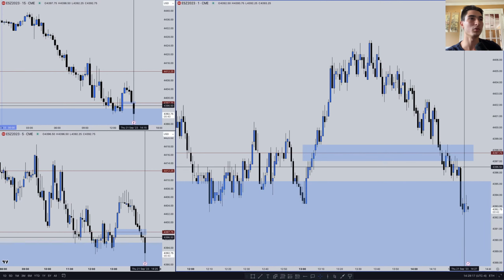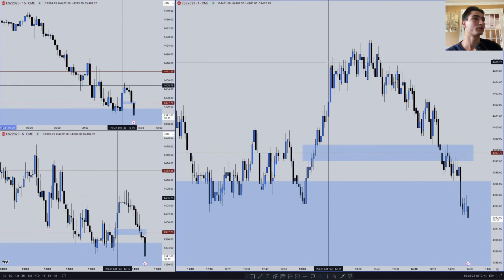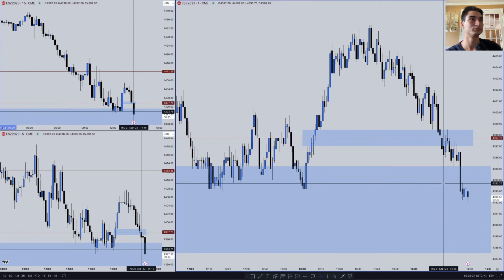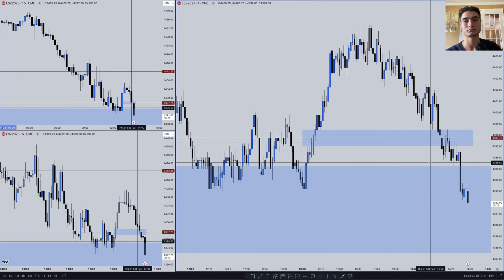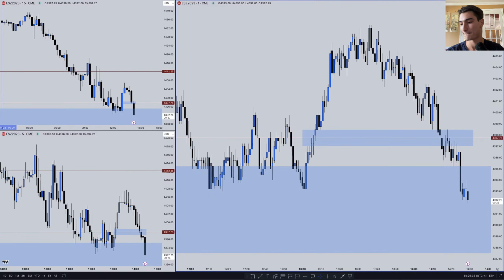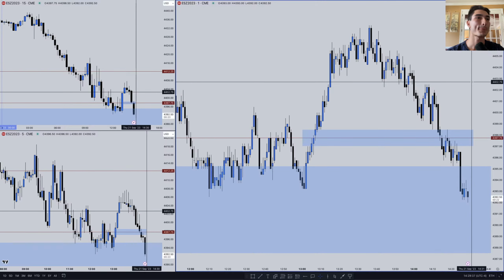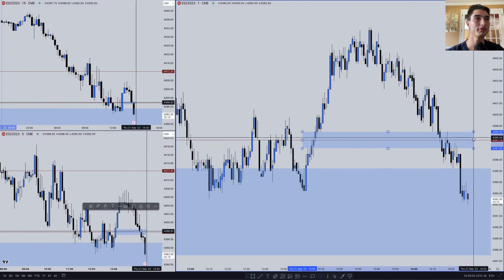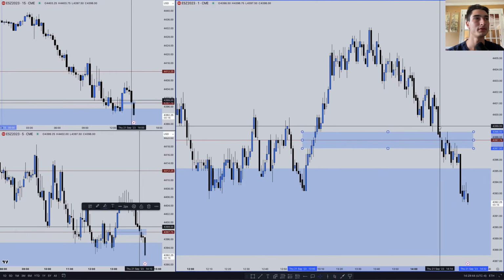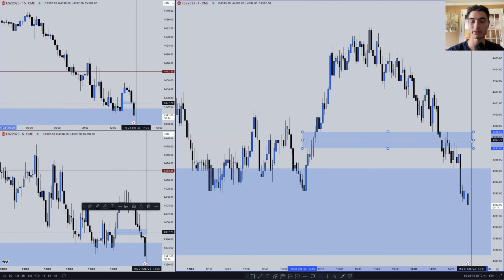Stop would be rolled to here if it was a trade. Let's go ahead and take this level off. Again, 5-minute inversion, comes balanced price range, market accelerates lower.